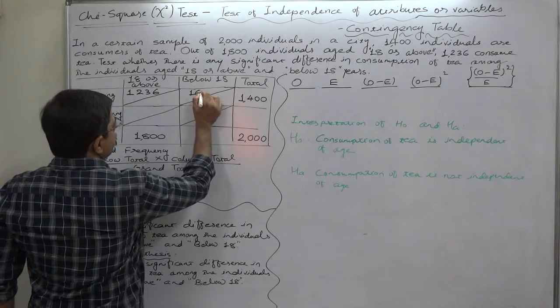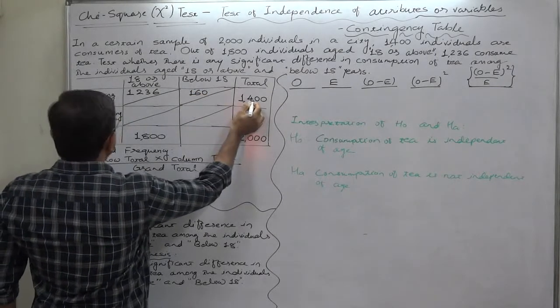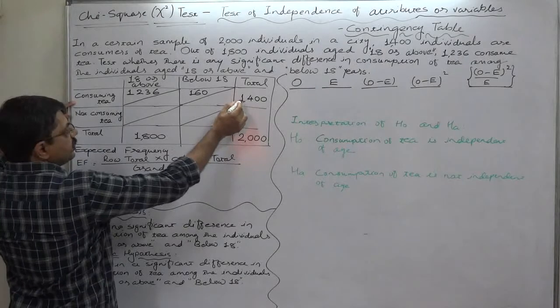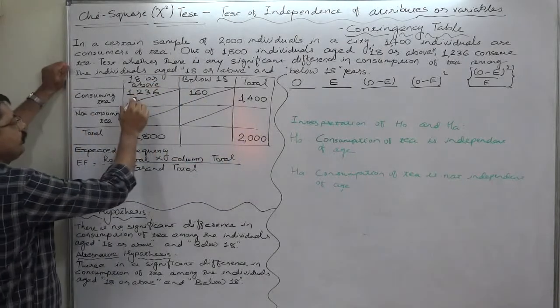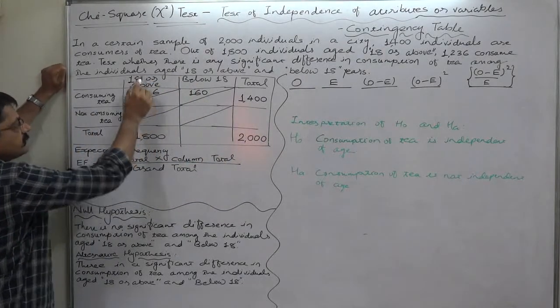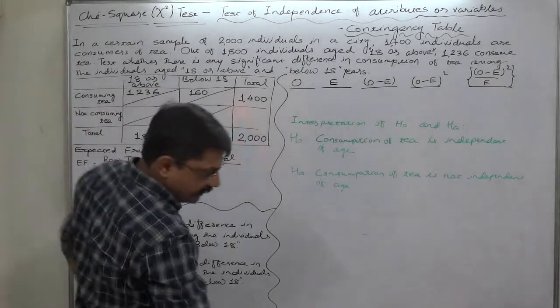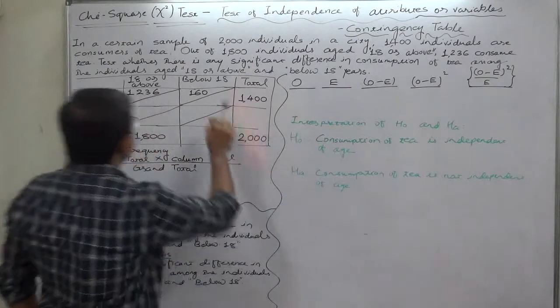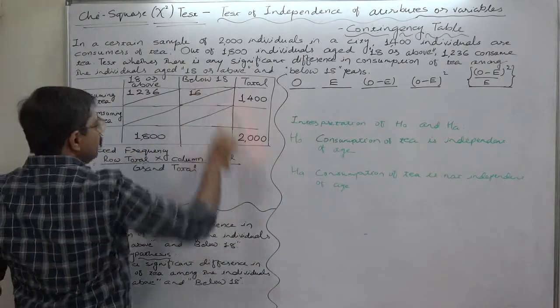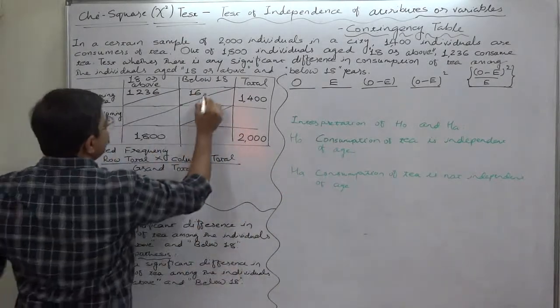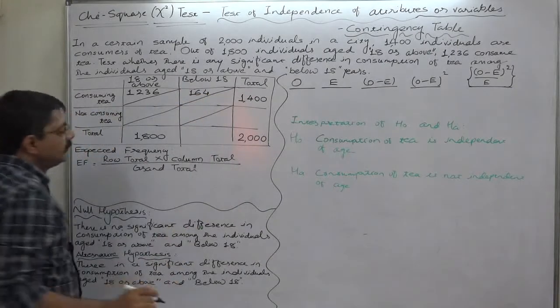That is, 1400 is the total number of persons consuming tea, out of which 1236 are 18 or above. So the remaining 164, I am very sorry, the remaining 164 must be the persons below 18.